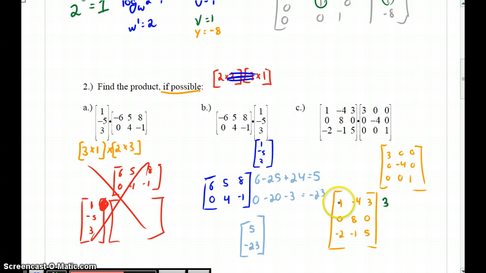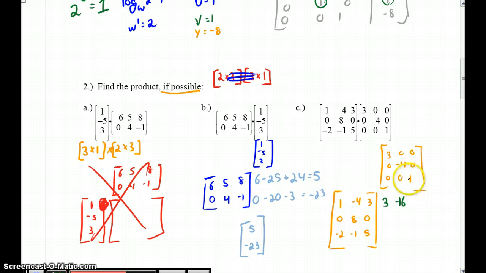This one right here, 1 times 0, zeroed out. Negative 4 times negative 4, negative 16. And 3 times 0 is zeroed out. In fact, every single one of these is actually just going to be a single multiplication.